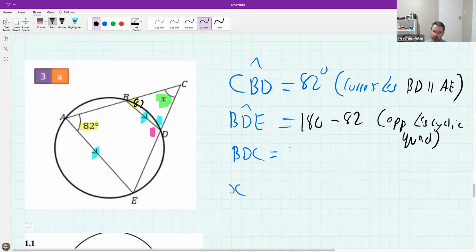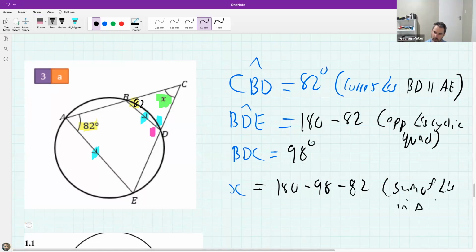Okay, so what do we get for x in the end? Is x quite small? It looks like, no, that can't be right.